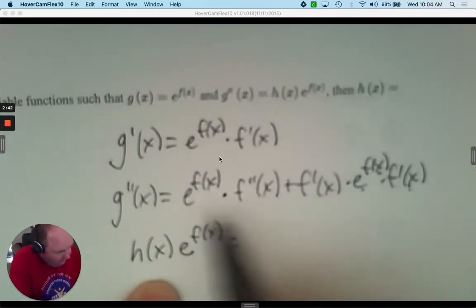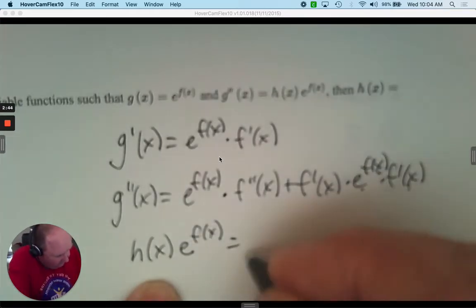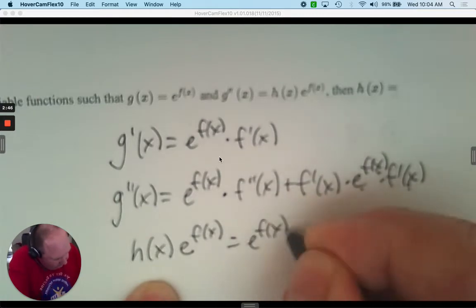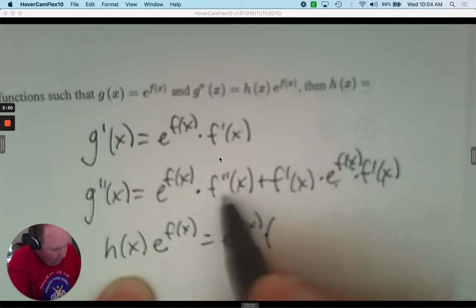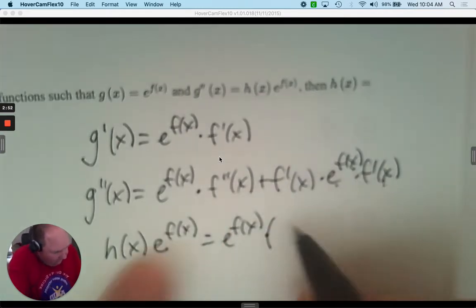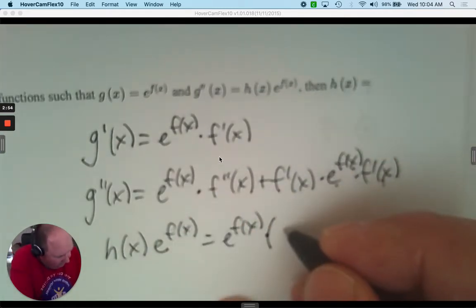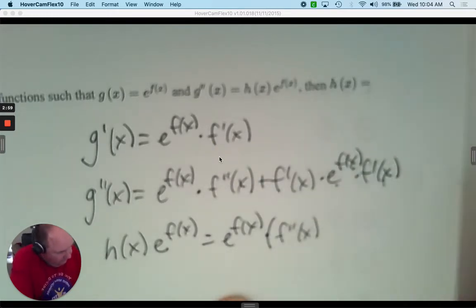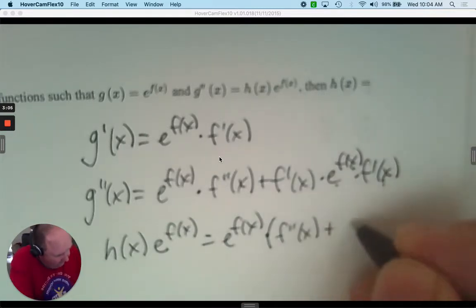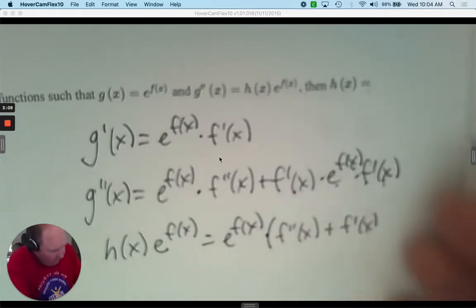Now I'm going to factor out an e to the f of x, since both of these have it. So I have the second derivative of f of x, and then I have the first derivative times the first derivative, which is the same thing, so that's actually squared.